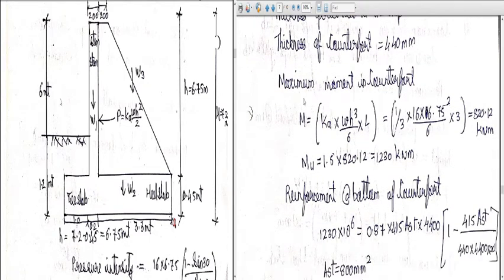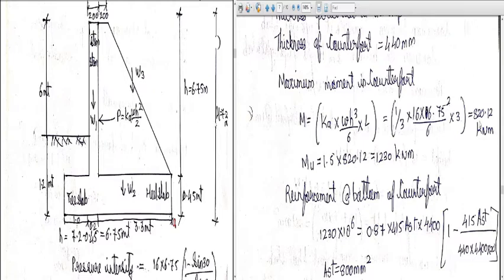Then the maximum moment in the counterfort is given by the formula M = Ka γ h³ / (6 L). Ka we have already computed, that is the active earth pressure, which is 1/3, into 16, the density of soil, into h, which from the diagram is 6.75 cubed, divided by 6 into L, the counterfort center to center distance, 3 meter.